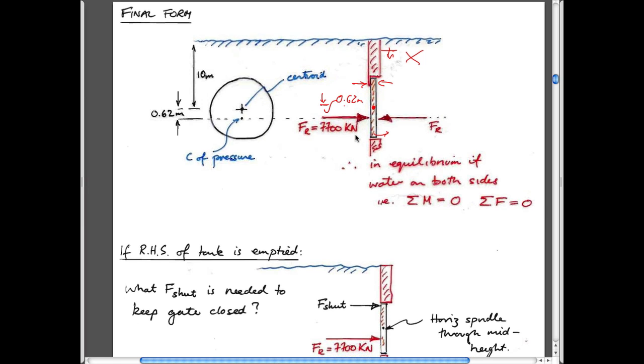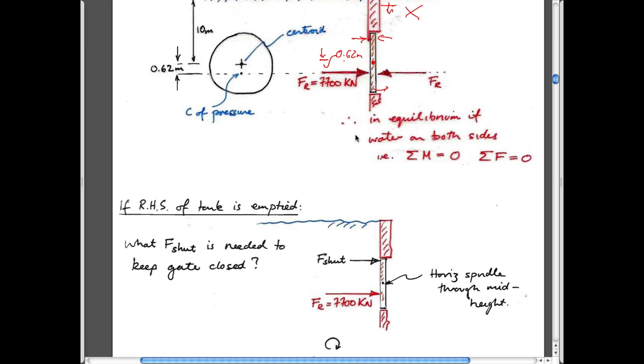And so the calculation is pretty straightforward. We just take moments about this point, and if you do them clockwise, it's going to be the magnitude of F_R times, in this particular case, the location of the resultant minus 10 meters, or if you like, 0.62 meters is this magnitude.